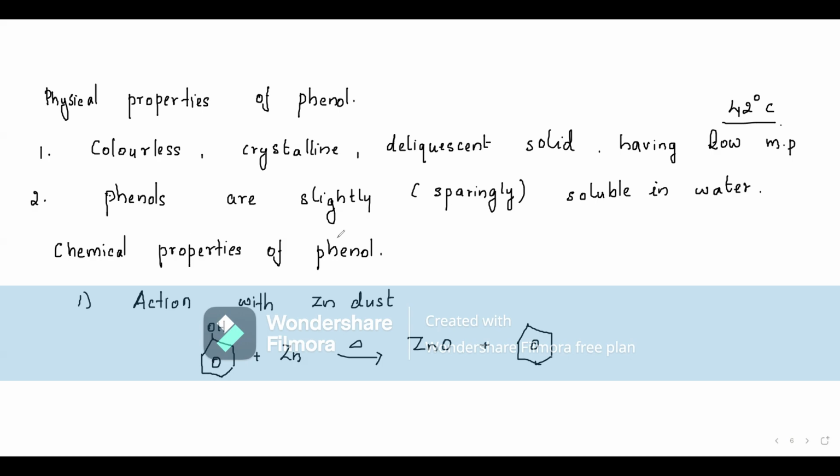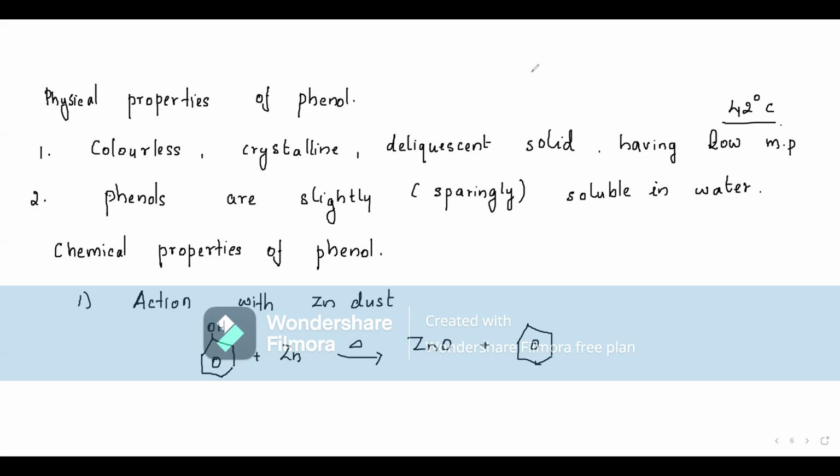Phenols are slightly soluble in water. This becomes important because alcohols are highly soluble. Alcohols dissolve in water, but phenol is sparingly soluble or slightly soluble in water.